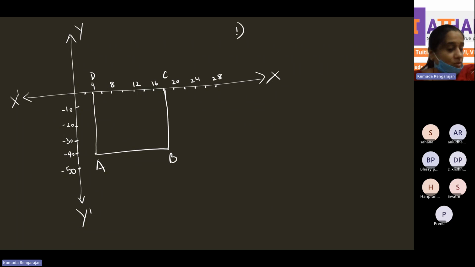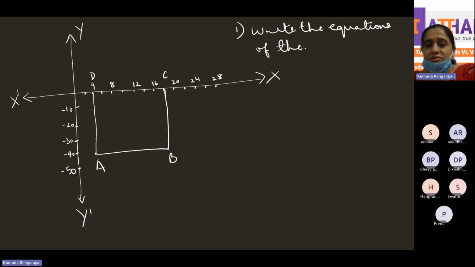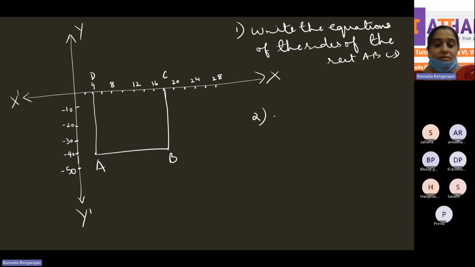First question, write the equations of the sides of the rectangle ABCD. And then find the area of the rectangle ABCD.